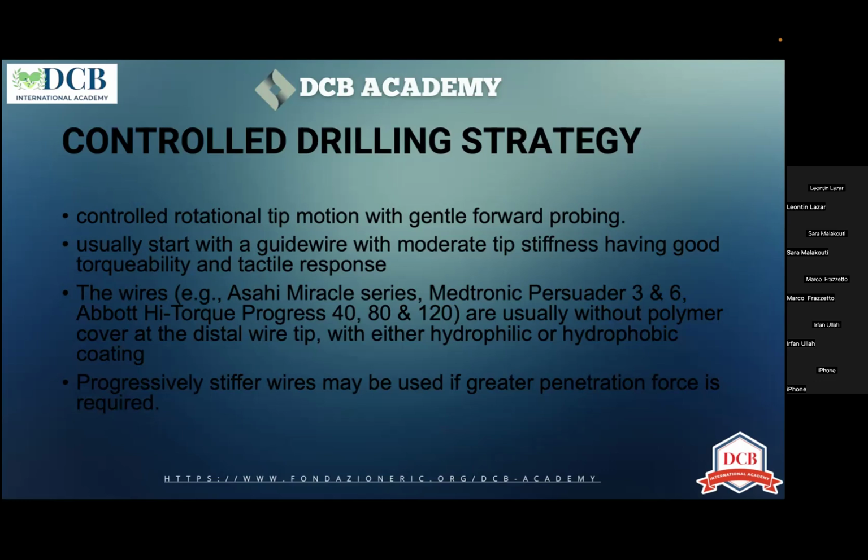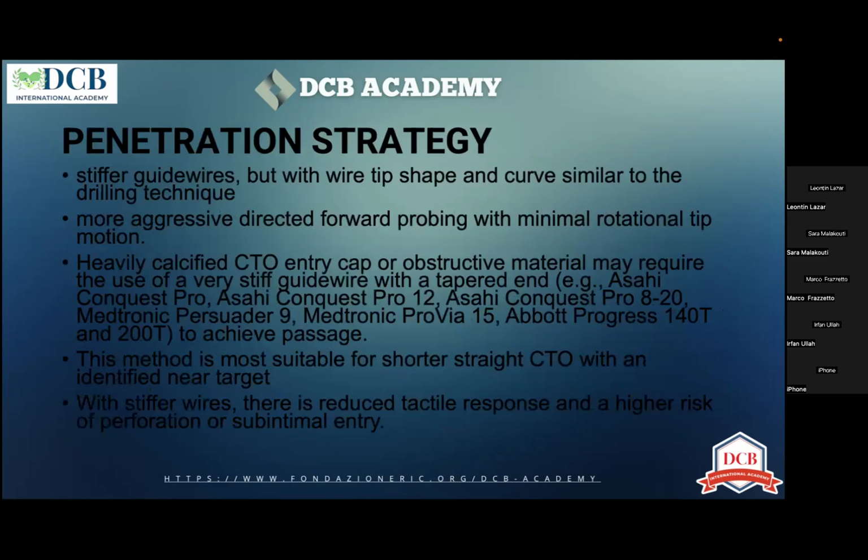However, for a controlled drilling strategy, sometimes we need progressively stiffer wires. The second strategy is the penetration strategy, in which we start with stiffer guide wires, but with wire tip shape and curve similar to the drilling technique. More aggressive directed forward probing with minimal rotational tip motion is required to be able to penetrate such lesions.